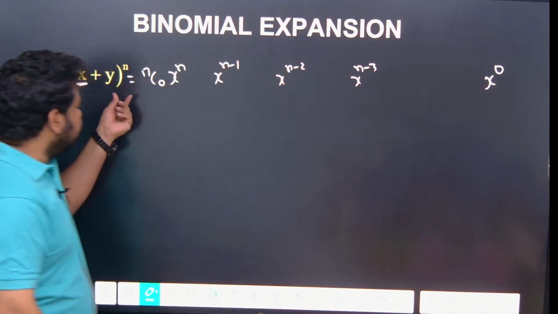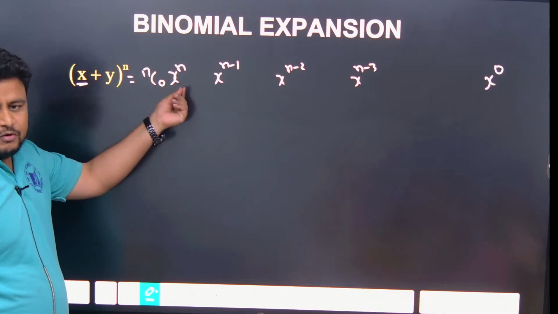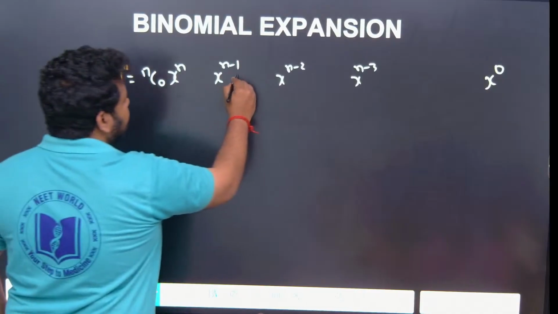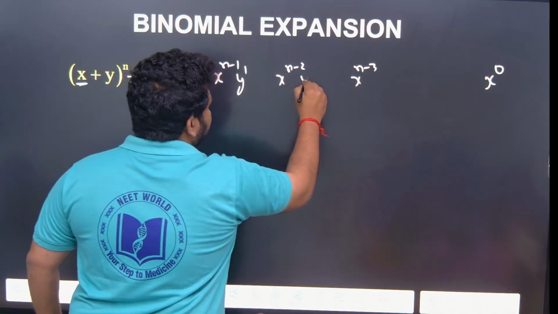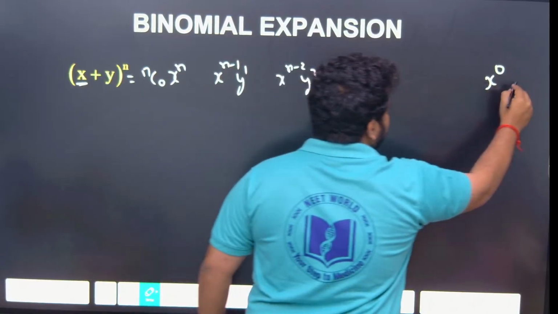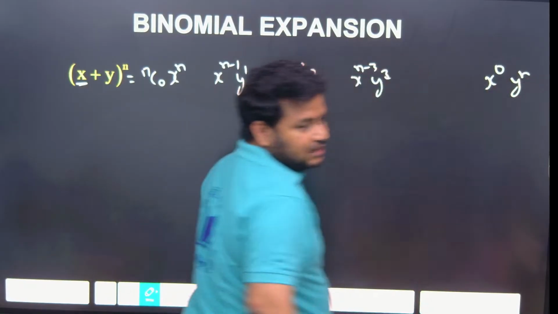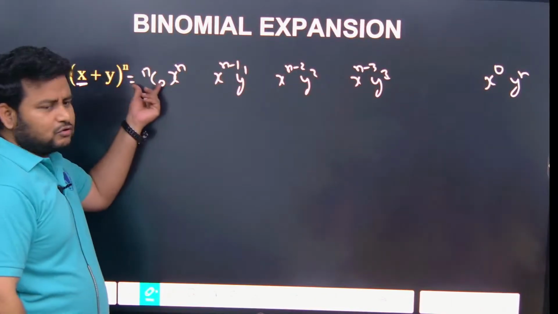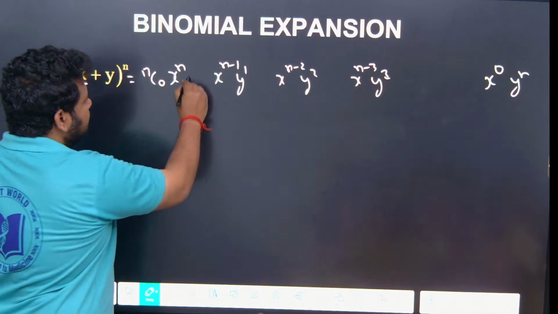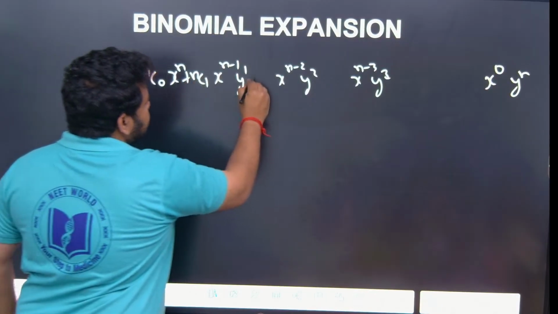And the second term, what will happen? y power 0 is 1 only. This will become y power 1, y power 2, y power 3, and it will become y power n. This is the coefficient. This will be nC0, and this will be nC1, nC2.